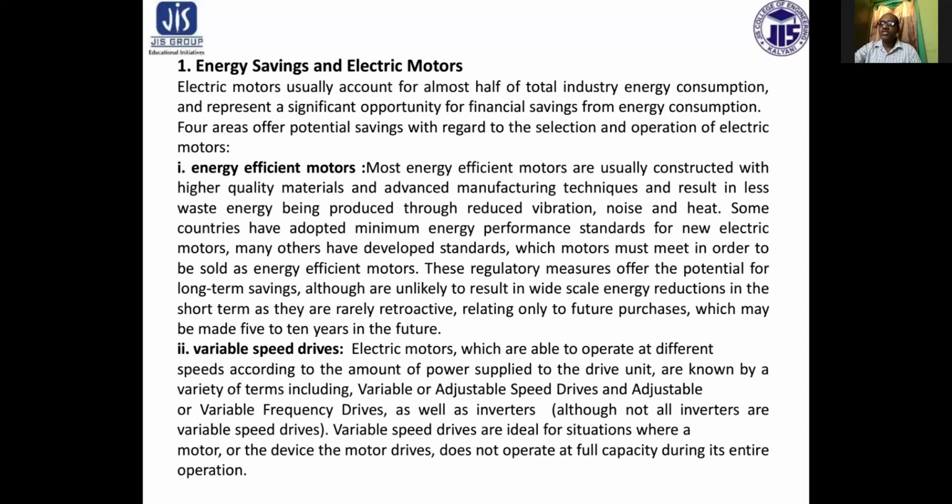The opportunities for energy savings in relation to the operation and maintenance of industrial buildings also exist, although these are often similar to the commercial sector.